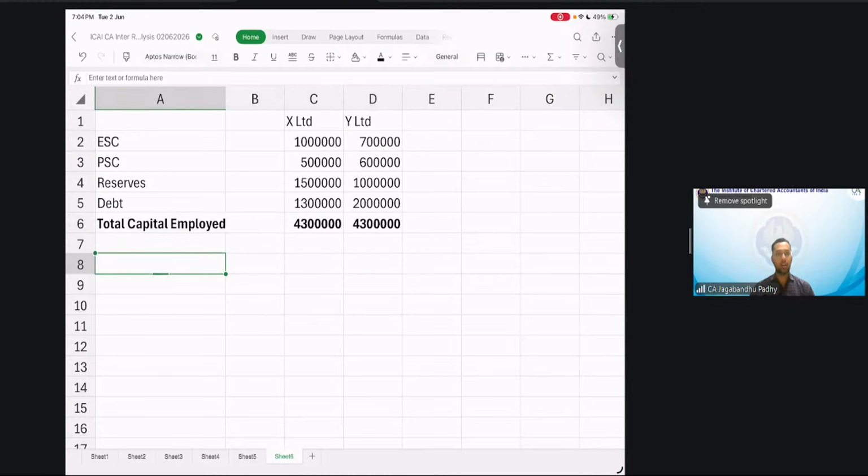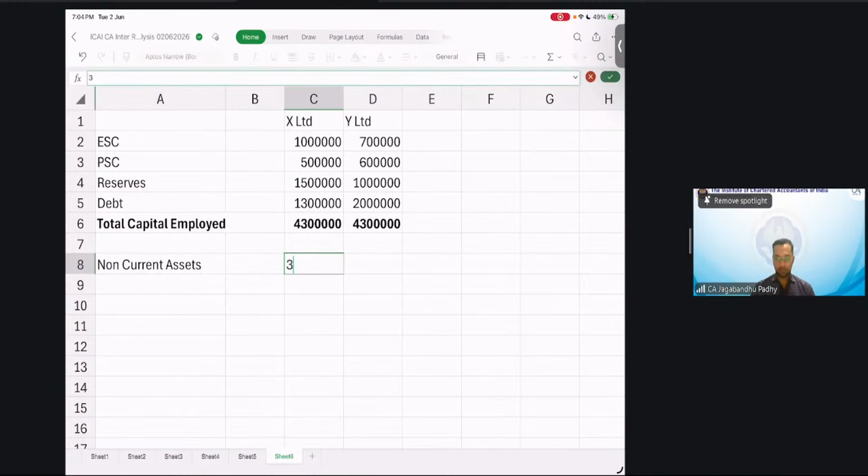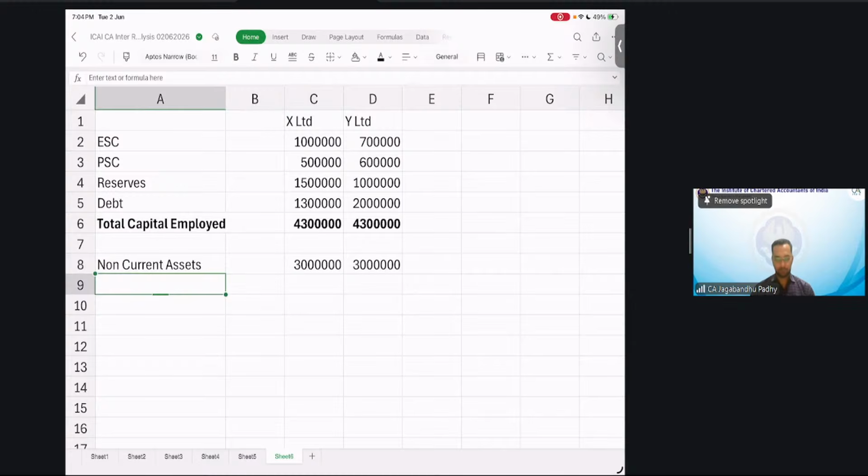And then, of course, the total assets, the funds invested, will be like non-current assets, 30 lakhs. And let's say net current assets is 13 lakhs.